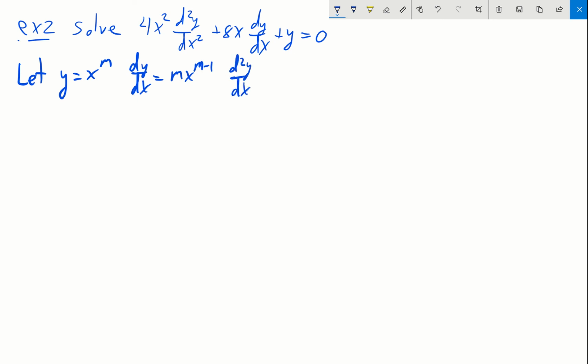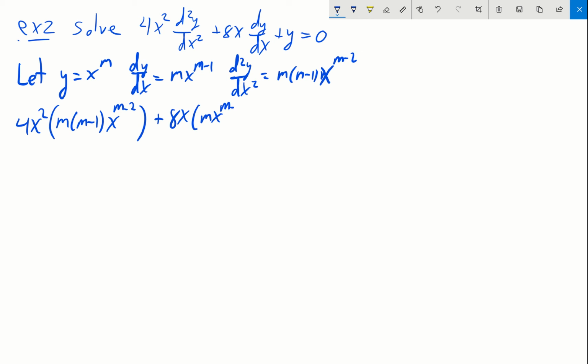The second derivative is going to be m times (m minus 1) x to the m minus 2. Let's plug it in: 4x squared times the second derivative, plus 8x times the first derivative, and then plus y, which is just x to the m, equal to 0.